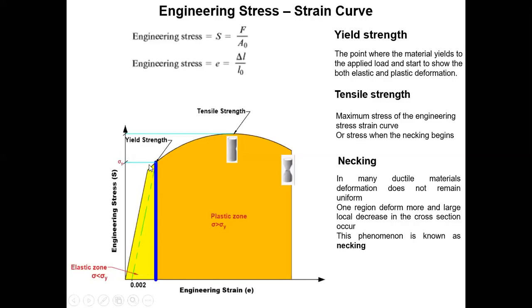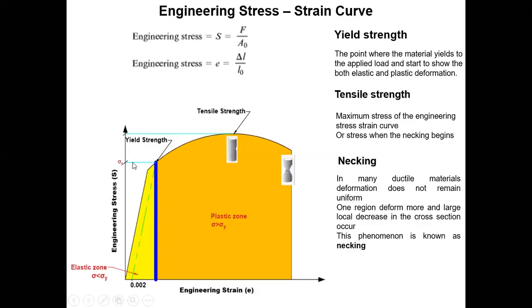But after this point, at this area, it starts to show elastic and plastic behavior. That means after this stress level, right? If you keep increasing the stress, and once you remove this stress, it will not return to its original shape. That means after this point, the material will behave as a plastic material, right?